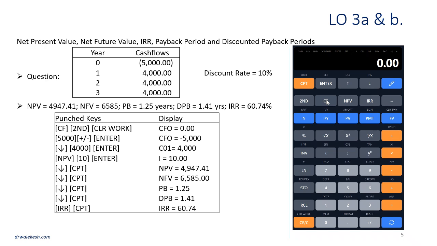So let's get started. We would use a shorter method to solve this particular question. So let's press cash flow, but we need to clear everything we've done in the past. So to clear it, we will have to press second function, then clear work. So we have that done already.